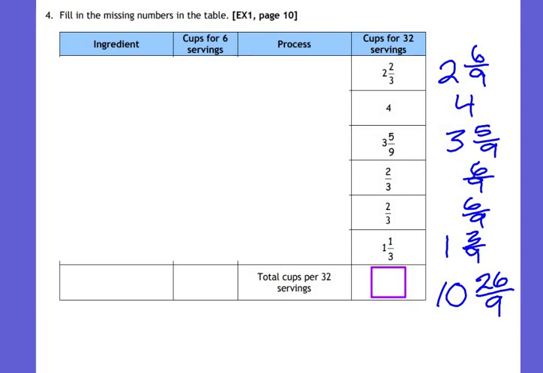Well, how many times can 9 go into 26? 2. So that changes the 10 to a 12. 2 times 9 is 18. So how much is left over? 8 ninths. Pretty darn close to 13 cups, but it is 12 and 8 ninths cups.